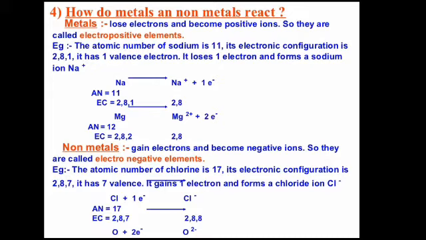So this makes the chlorine attract one electron from sodium to form the chloride ion. So chlorine takes one electron to form Cl-, the chloride ion. Similarly, oxygen takes two electrons to form the O2- ion.